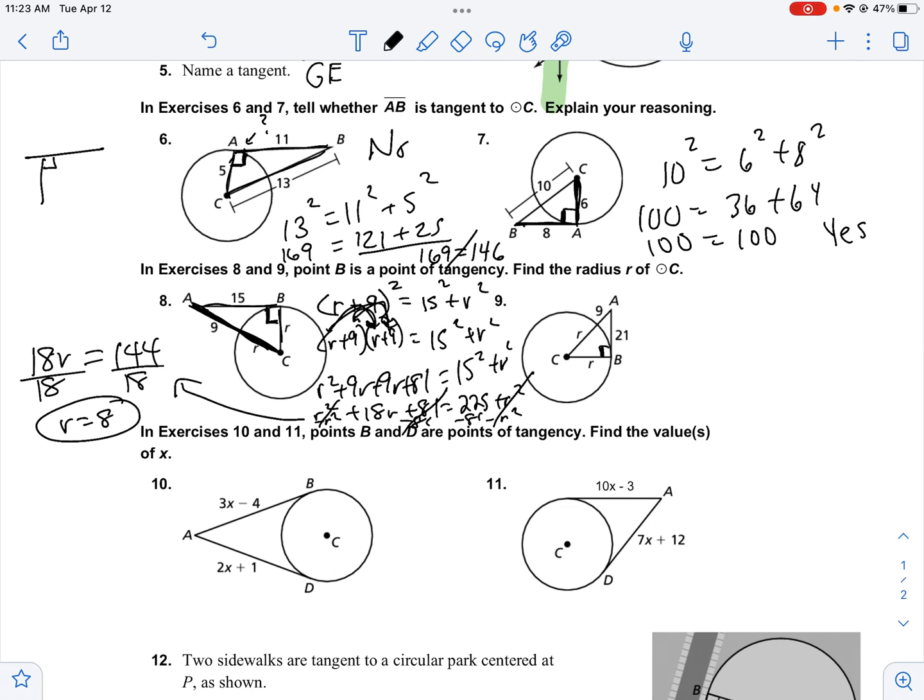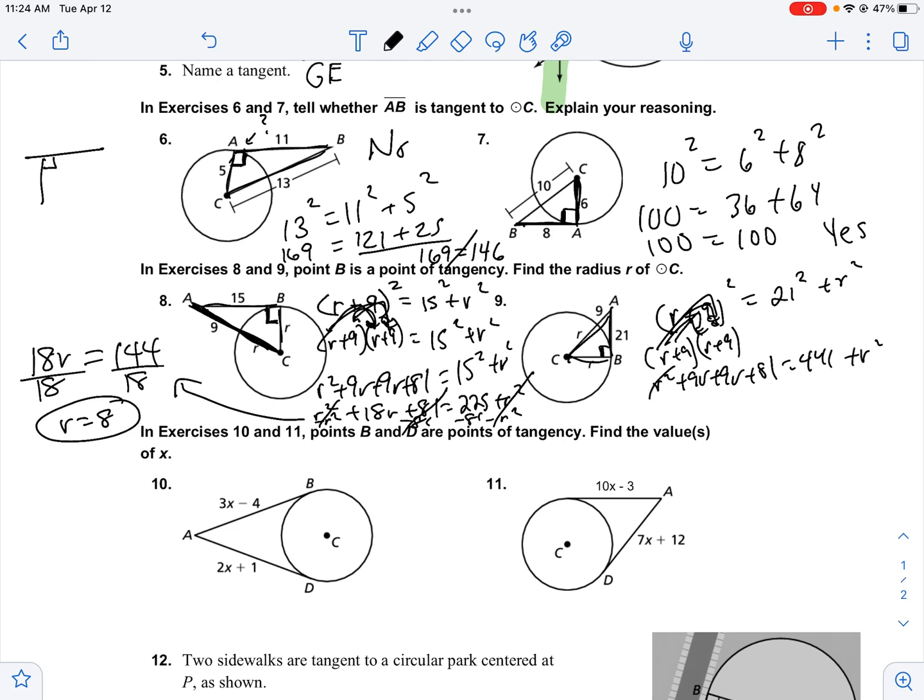Cool. Last one. All right, the hypotenuse is r plus 9 squared. That's going to equal 21 squared plus r squared. All right, this is r plus 9 twice. Where have I seen this before? Oh, yeah, the last problem. 21 squared is 441.